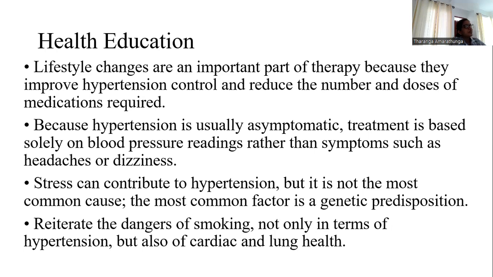The most common factor is genetic predisposition. While both systolic and diastolic BP are important, SBP may be more predictive of complications, especially in the elderly. Acidic foods and plants such as garlic are ineffective in lowering BP.